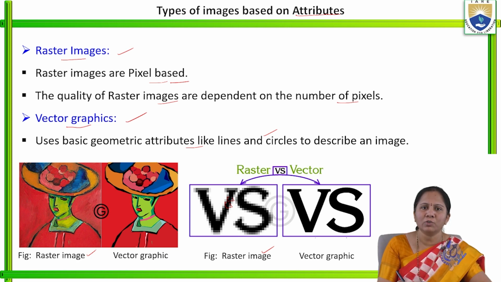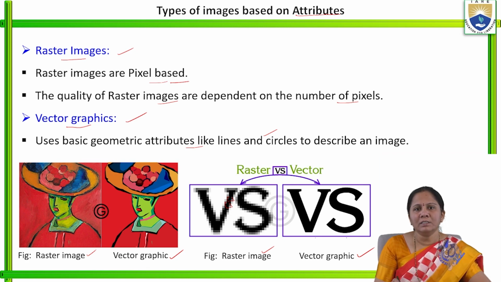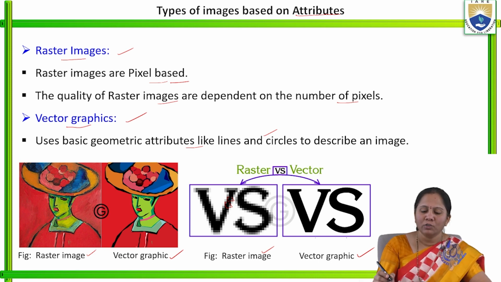Raster images are pixel based, whereas these two images are called vector graphics. In these vector images, the pixel representation is not practically seen. This is the basic difference between raster images and vector graphics. So this comes under the images based on attributes.